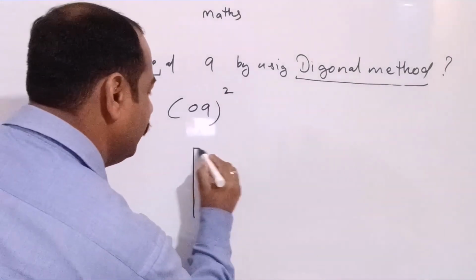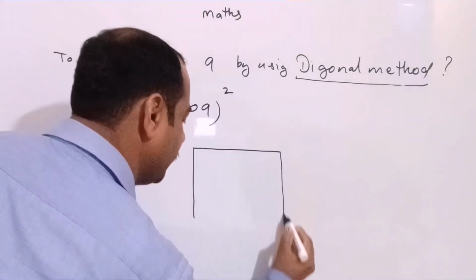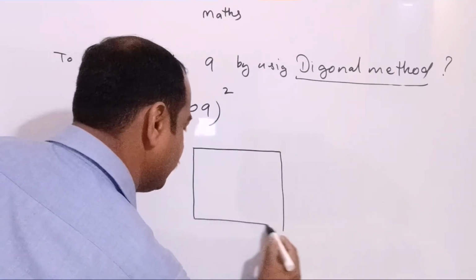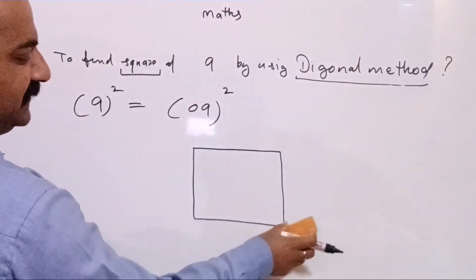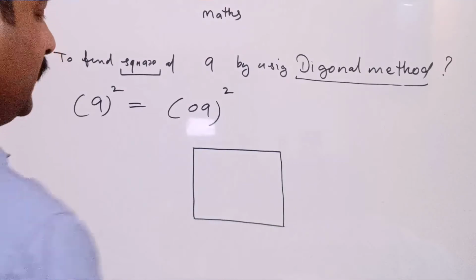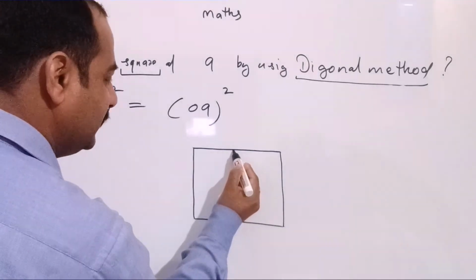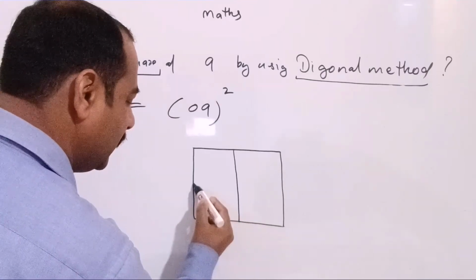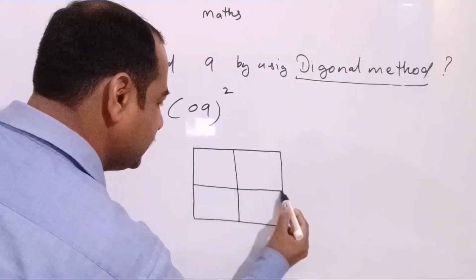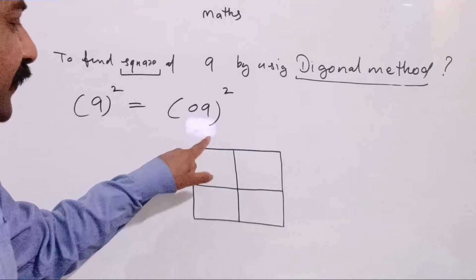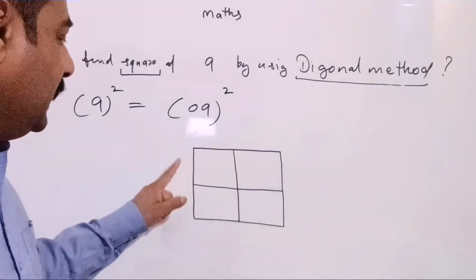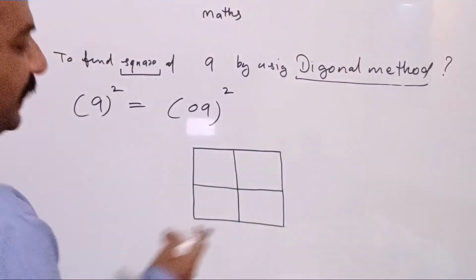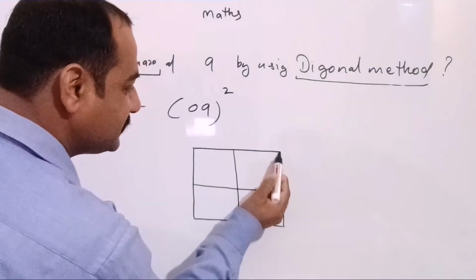So guys, here we have to make a box. This is a square. We have to divide the square like this for two values a and b. Now we have to make the diagonals.